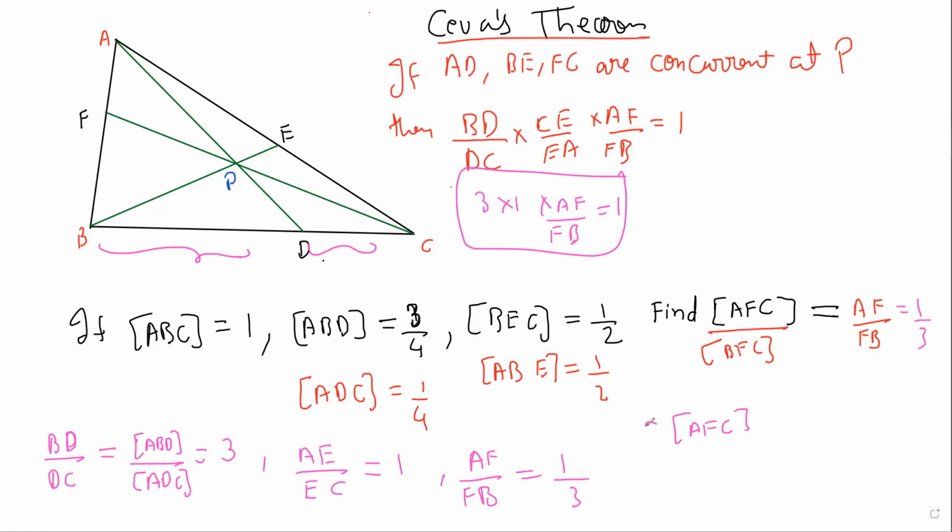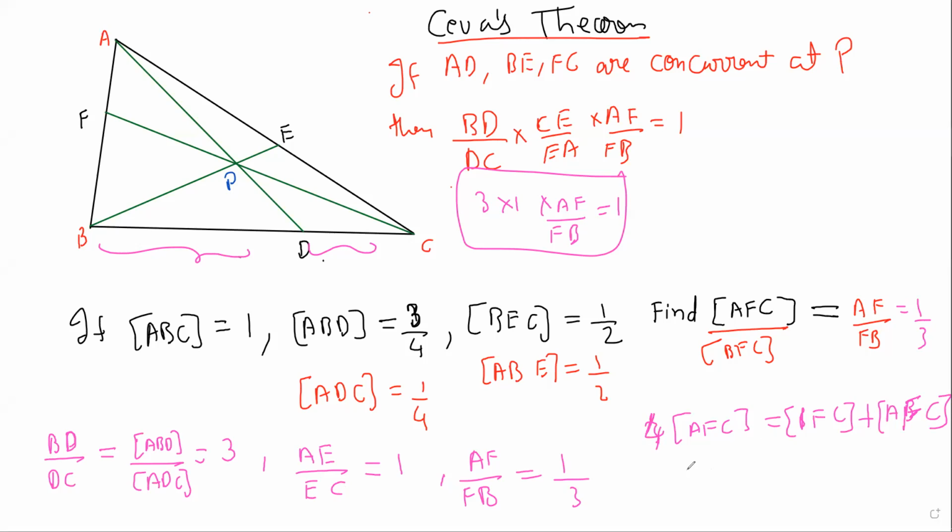Let's write it clearly. So this is BFC, but you have to use ABC, so you add AFC. Sorry, because you need the ABC, right? You add AFC, and this becomes 4 times.